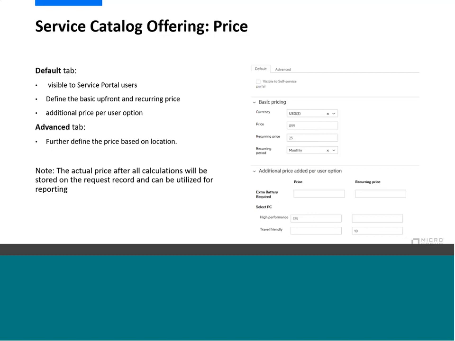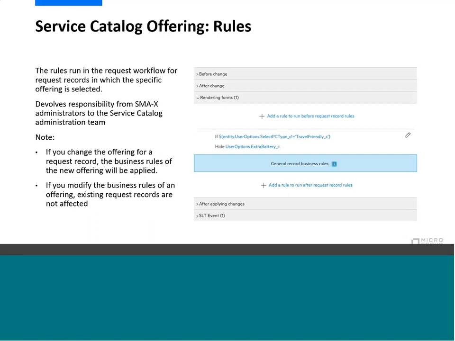The next tab that we have is the rules tab. So these are rules that you can set on the actual workflow of the individual record types, be that a request or a change or an incident, or any of the other record types. These ones are specifically for that offering, and when that offering is linked to a request record, they run on that request record.